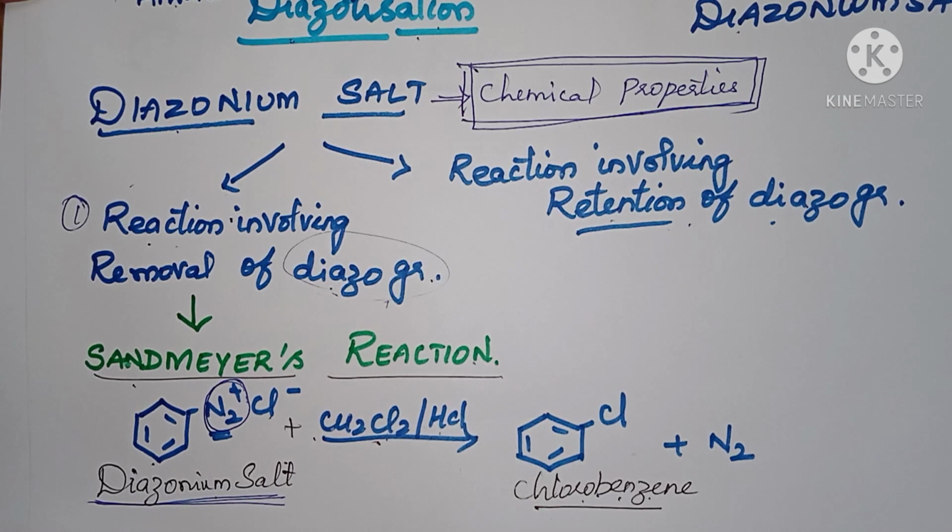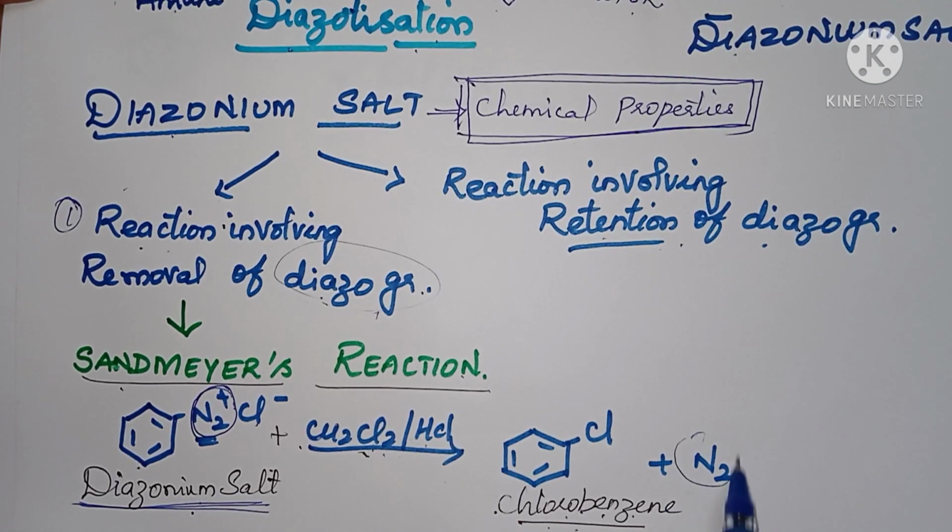Sandmeyer reaction, or suppose if they ask in a different way, how do we get chlorobenzene in reaction involving removal of diazo group? How can you remove the diazo group along with Cu2Cl2 along with HCl? So in such a way they may ask the question. So diazonium salts mixed with cuprous chloride, you will get chlorobenzene and nitrogen, the diazo group, which is coming out.